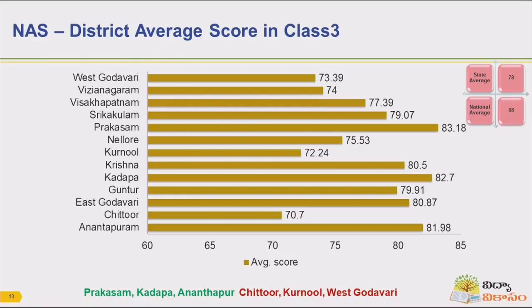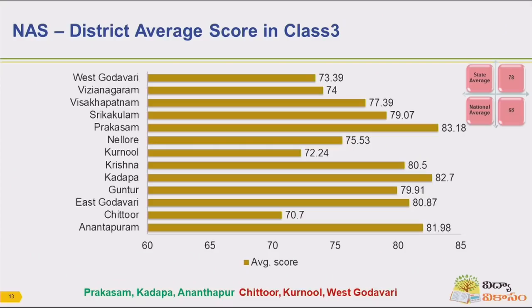So, when you compare districts in Andhra Pradesh, let us see the performance of all 13 districts in class 3. The slide clearly shows the district performance. The state average score is 78 and the national score is 68, so we are very much ahead of the nation's score.